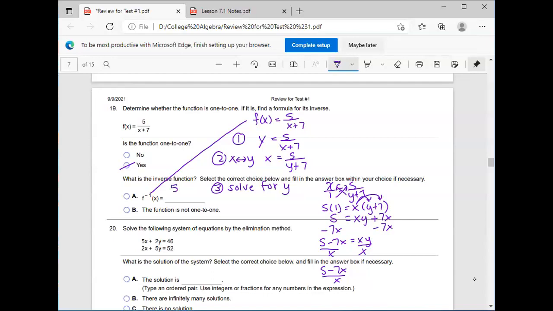It is 5 over x minus 7. The way that you get to that is you put that x under each thing, you divide it into 2 fractions, and then these x's would cancel out. So you'd be left with 5 over x minus 7. Right? That's the answer they want. They want you to keep going. Don't stop here. Keep going to this answer.